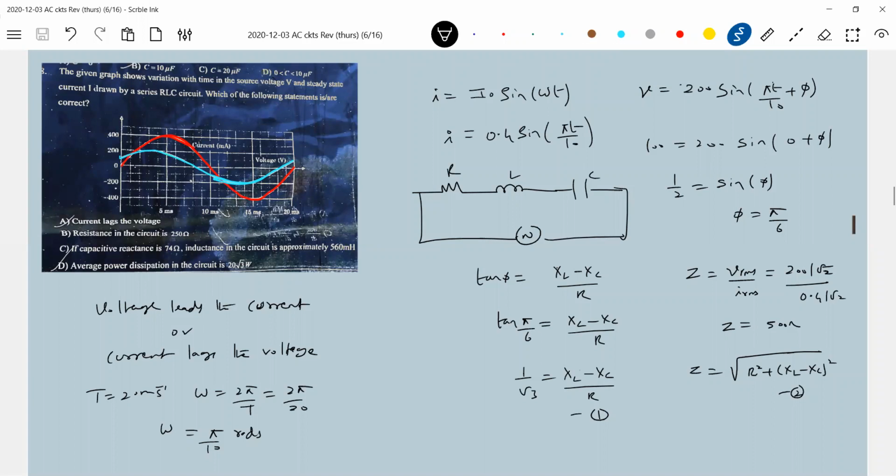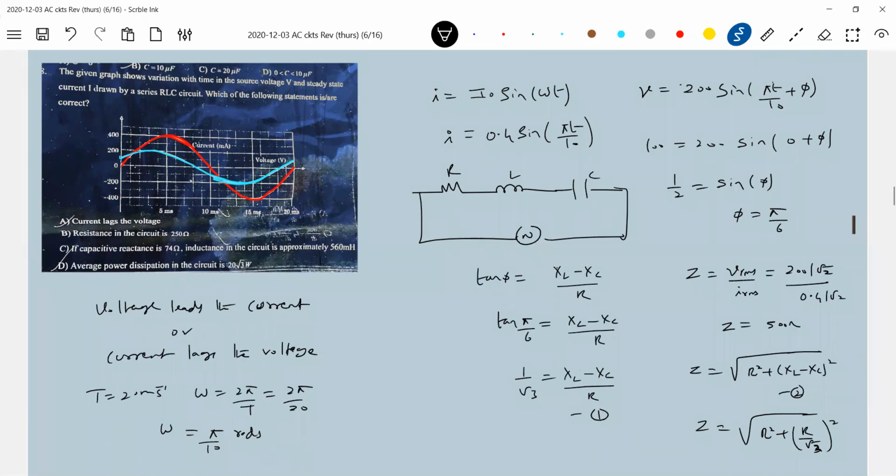We can only get the relation, sir. Only the relationship is what we will get here, because there is no other information. XL minus XC will be R by root 3, whole squared. Let me solve it.